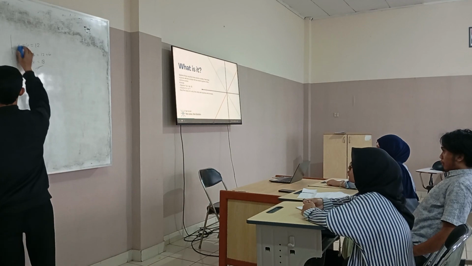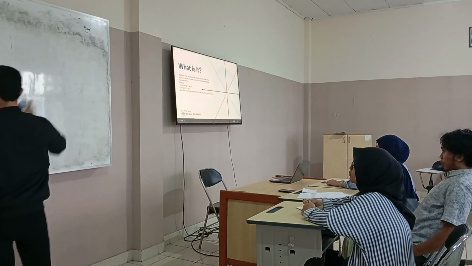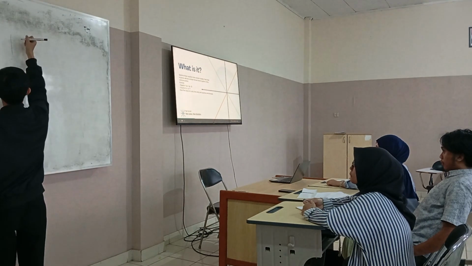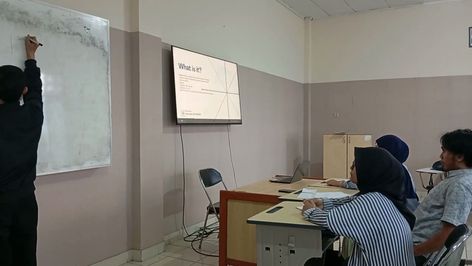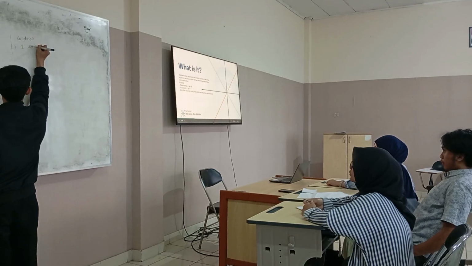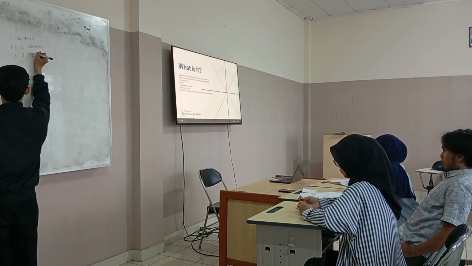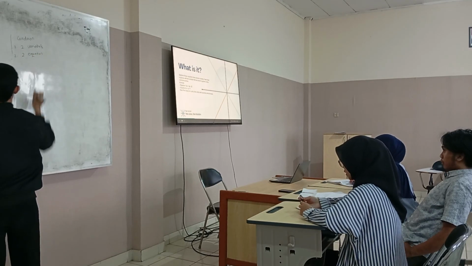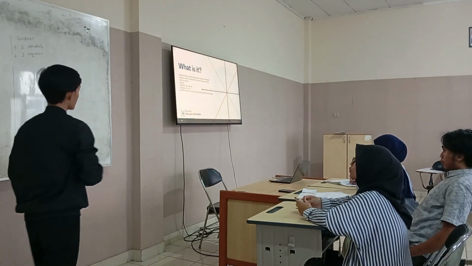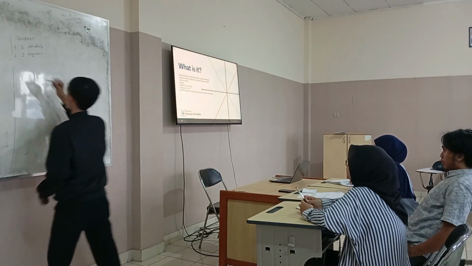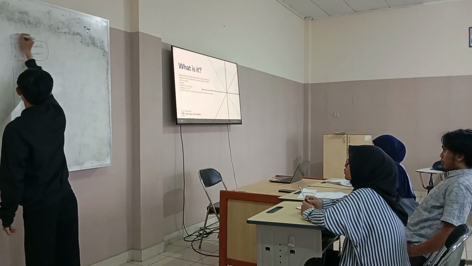Let me write this. I will write it right here. The condition is first there are two variables, and the second one is it contains two equations. So basically, this condition is the important thing.